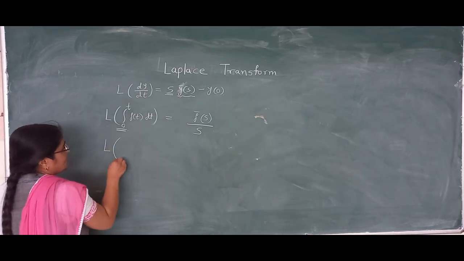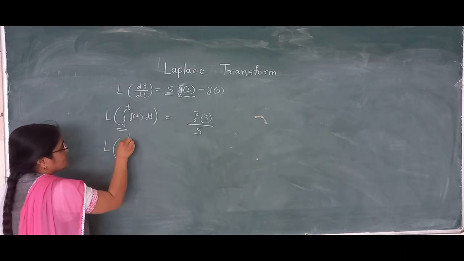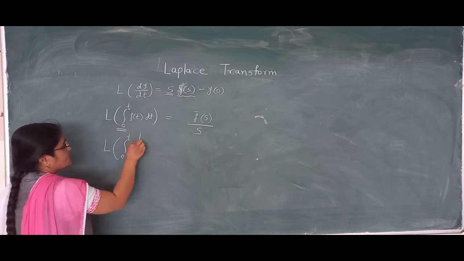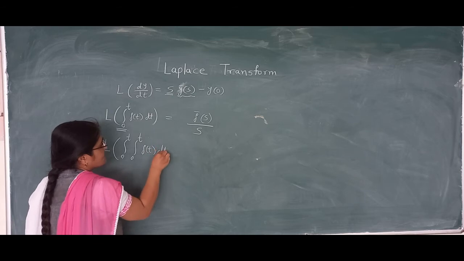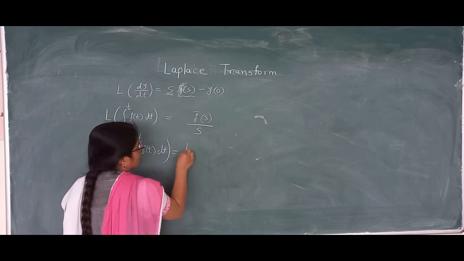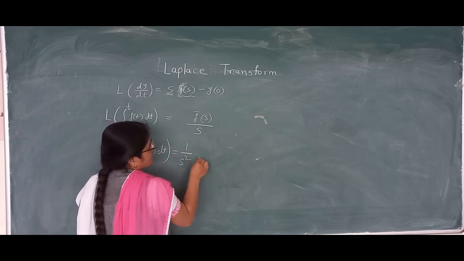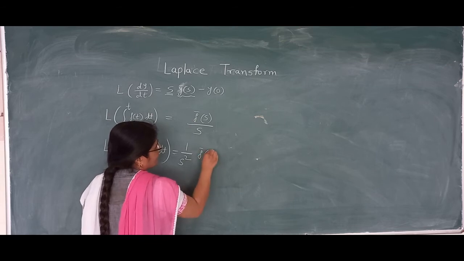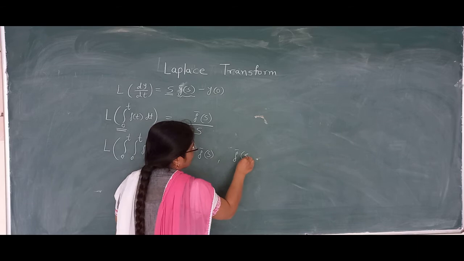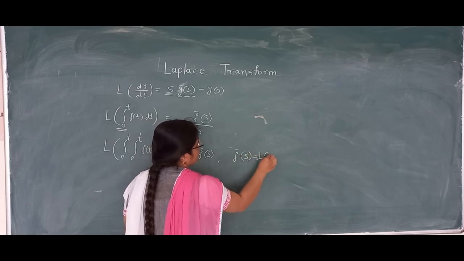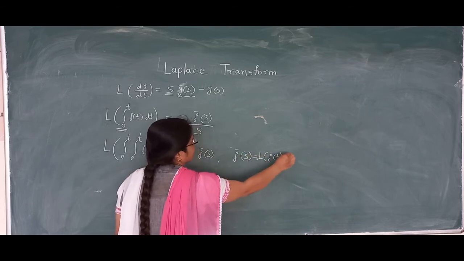Similarly, if there is a double integration, that is integration 0 to t, integration 0 to t, f of t dt, then it is 1 upon s square f bar of s. And what is f bar of s? We know that f bar of s is nothing but Laplace of f of t.